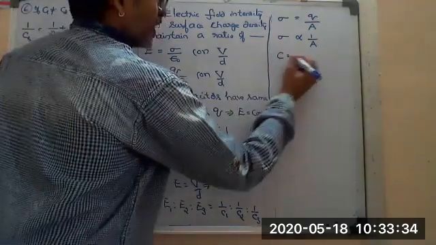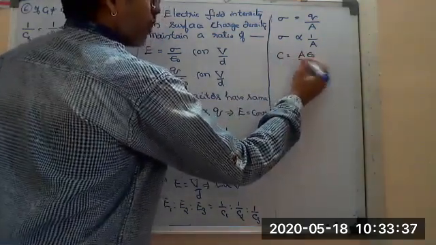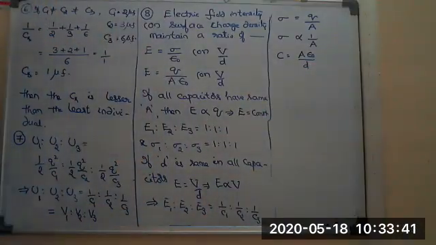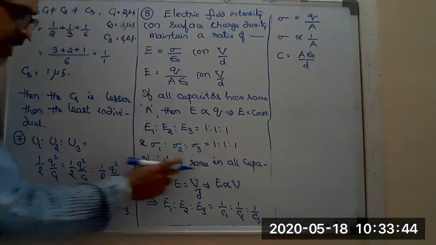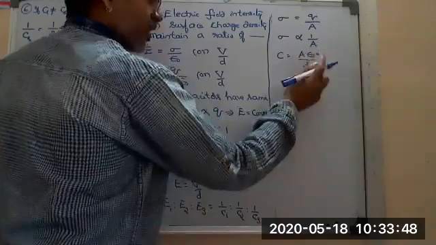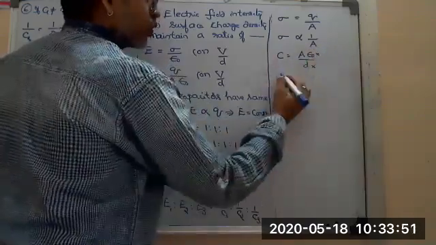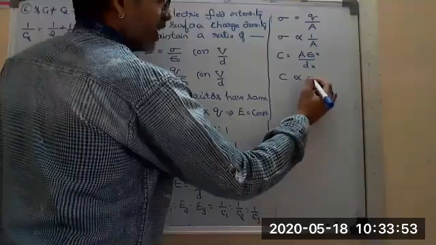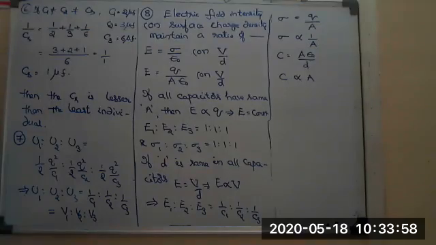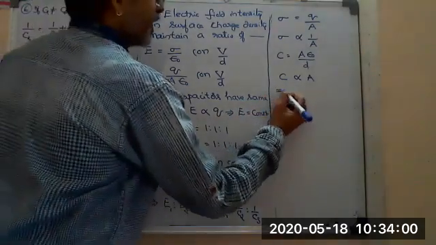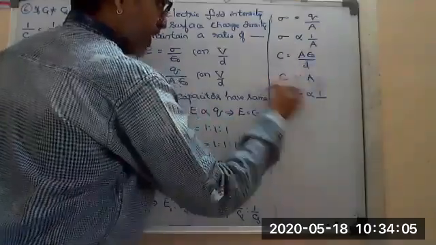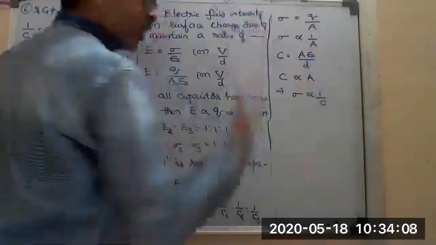We know C is equal to A epsilon naught by D. In our problem, he gave D as the same, so D is a constant. Epsilon naught is already a constant, we are not changing the medium. So you can write C is directly proportional to area in this case. That implies sigma is inversely proportional to area, which is nothing but directly proportional to C.